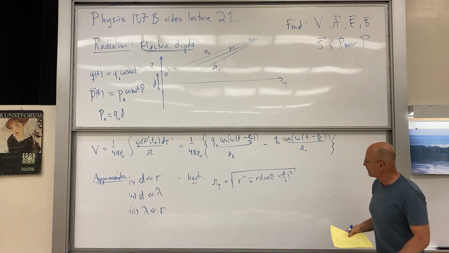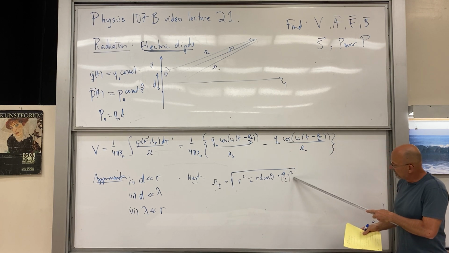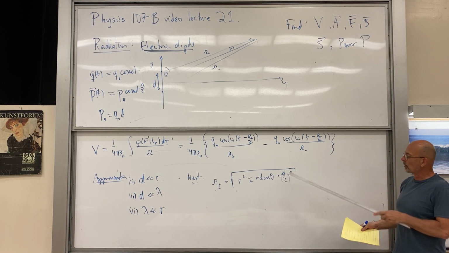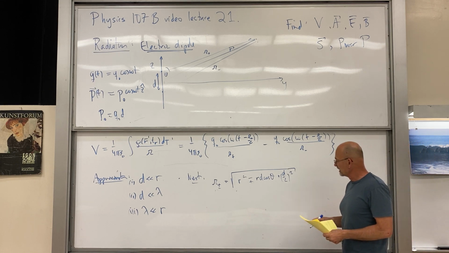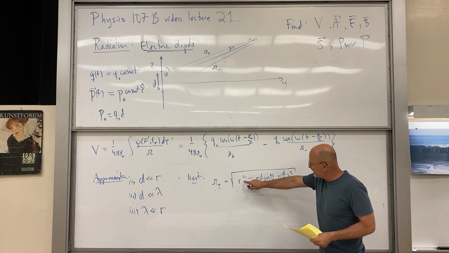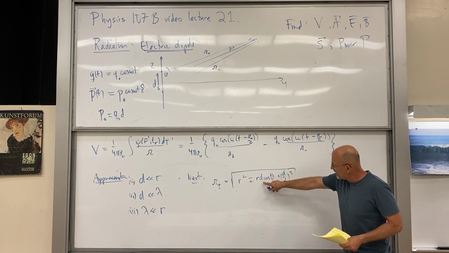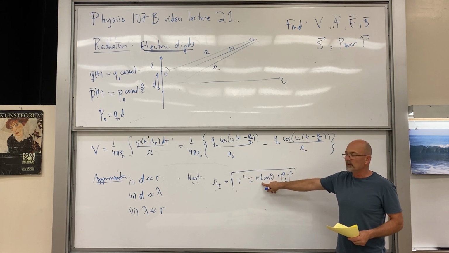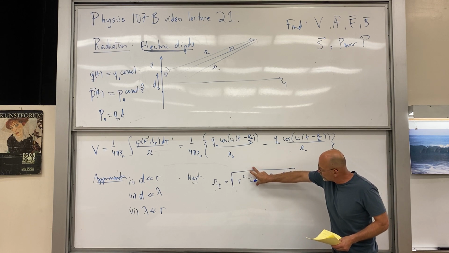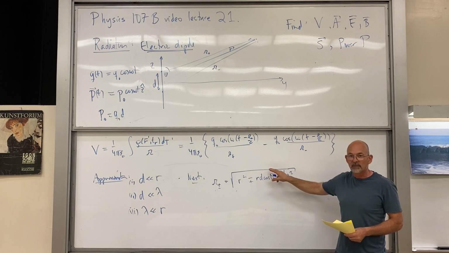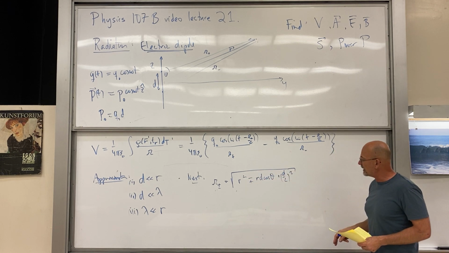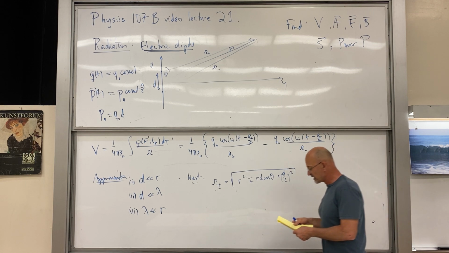So the one approximation was just going to get rid of the (d over 2) squared. And then the next approximation is to pull out a power of r, at which point we have d over r, which is small, and we can do the square root approximation, 1 plus or minus something. So you have to go ahead and just write that down.